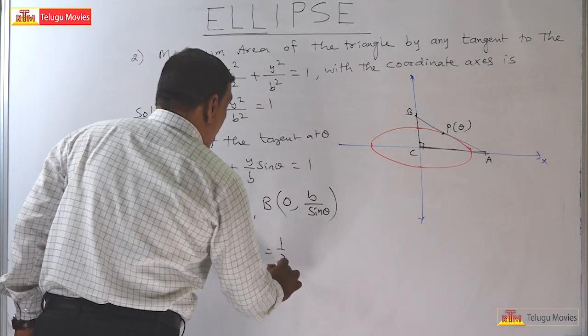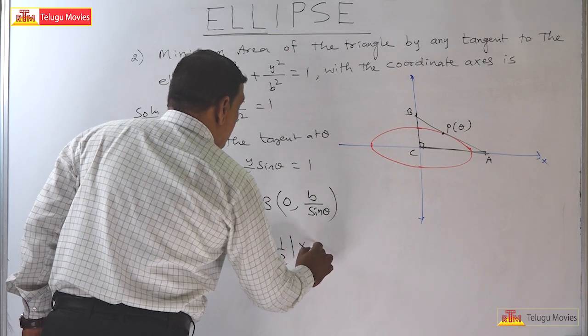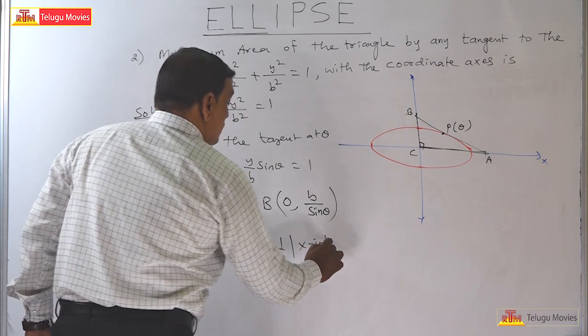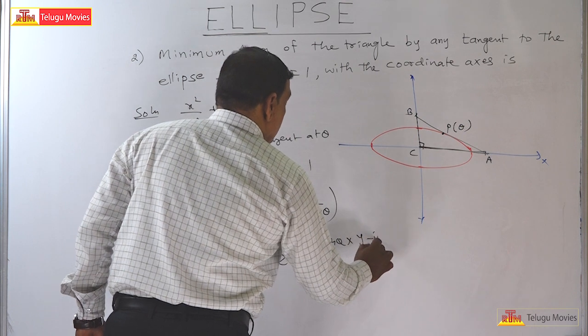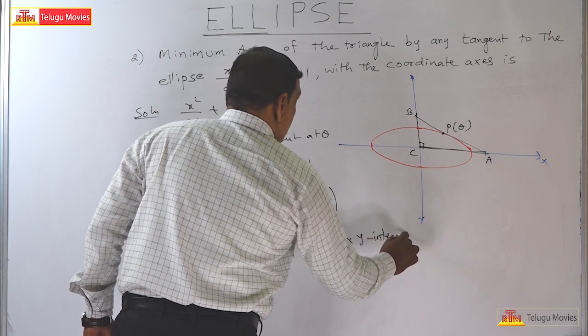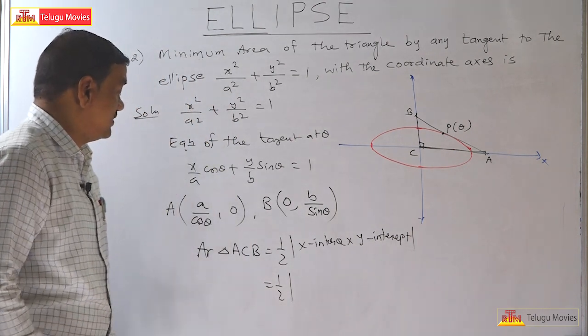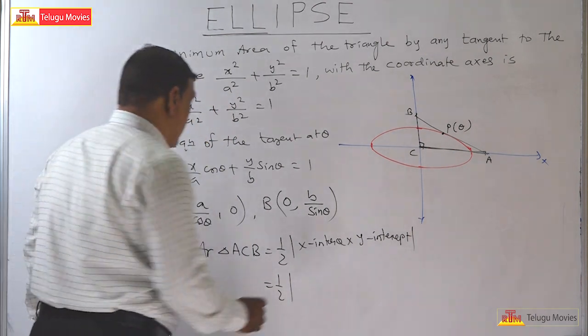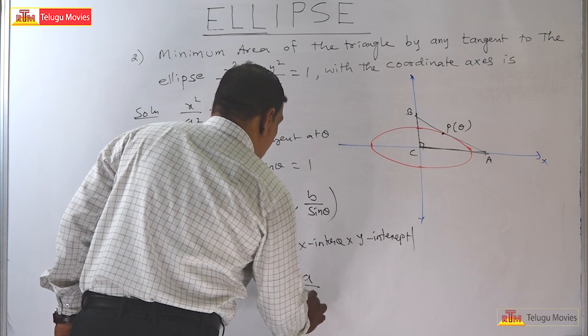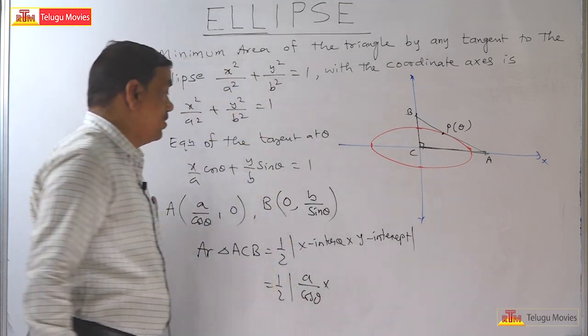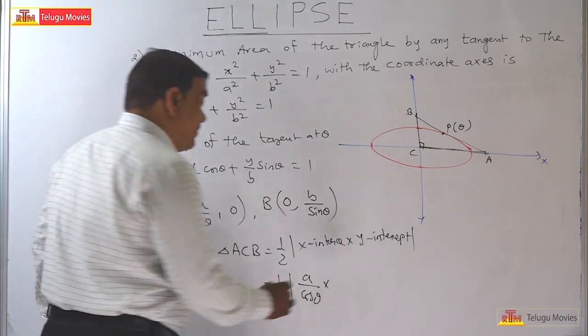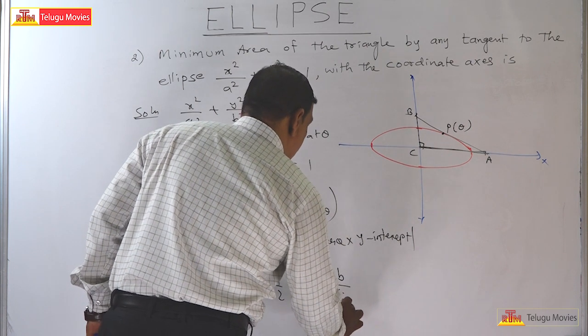What is the area of the triangle ACB? That is equal to half modulus of the x-intercept into the y-intercept. What is the x-intercept? a by cos theta. What is the y-intercept? b by sin theta.